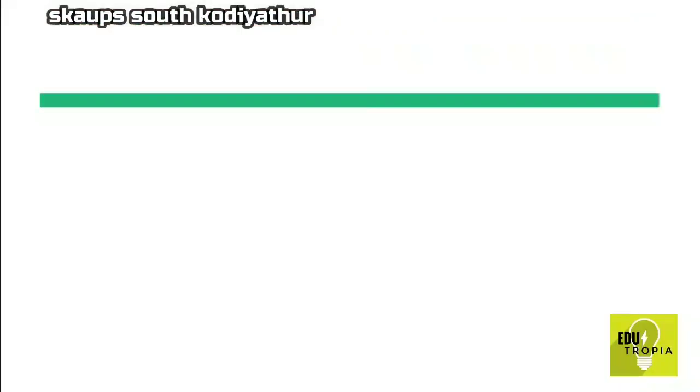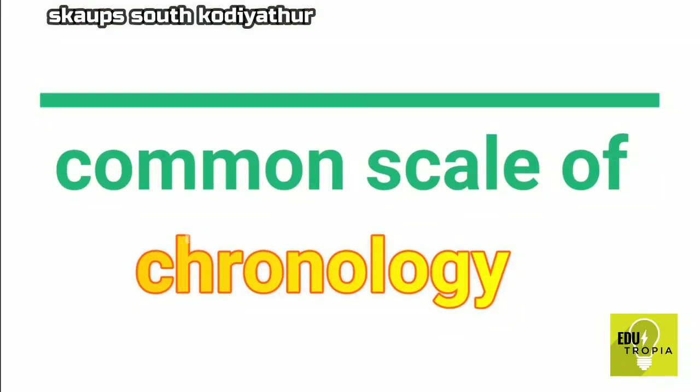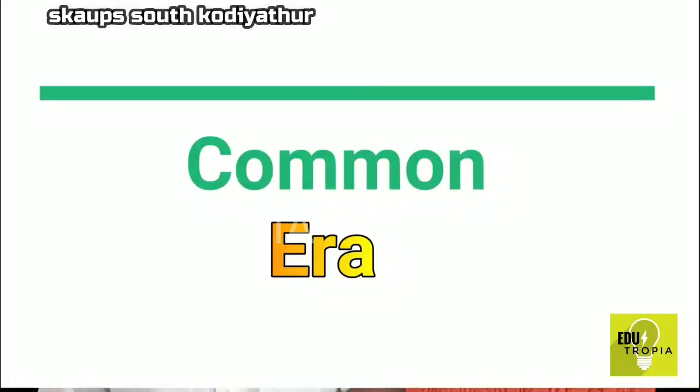So at present, we have a common scale of chronology. It is known as the Common Era or Christian Era.